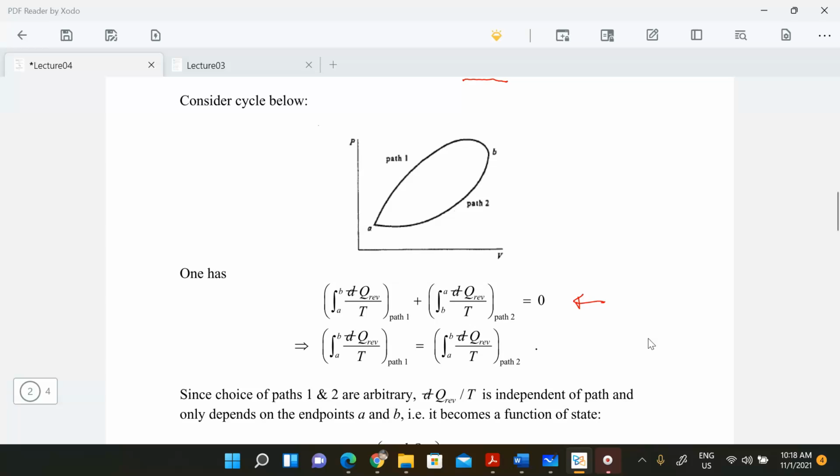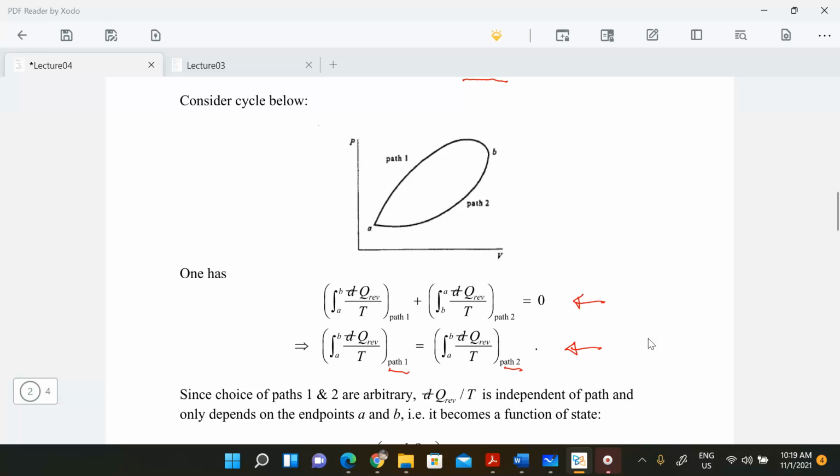So we have two different paths, path 1 and path 2, connecting the same endpoints, and they are equivalent.